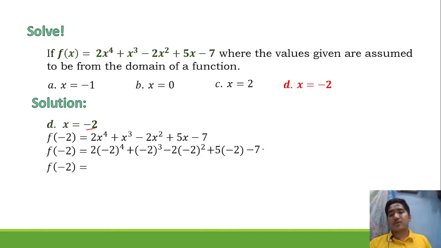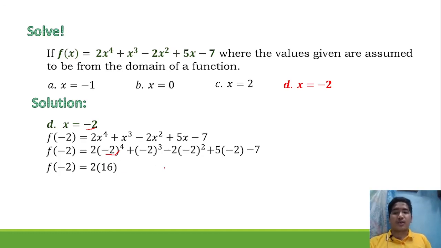Next, so we have f of negative 2. Copy si 2. Then negative 2 to the fourth power, that is equal to positive 16. So again, paano nakuha siya? Negative 2 times negative 2, that is equal to positive 4. Positive 4 times negative 2, that is equal to negative 8. Negative 8 times negative 2, that is equal to positive 16.